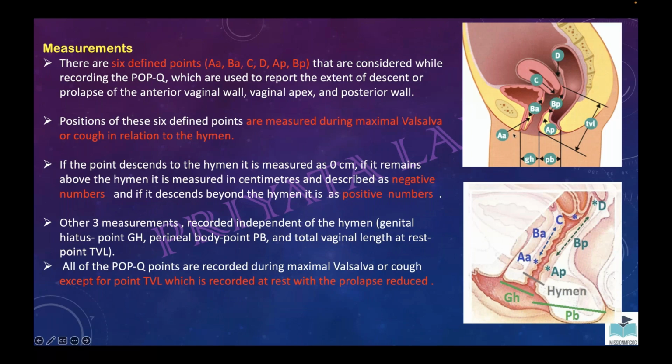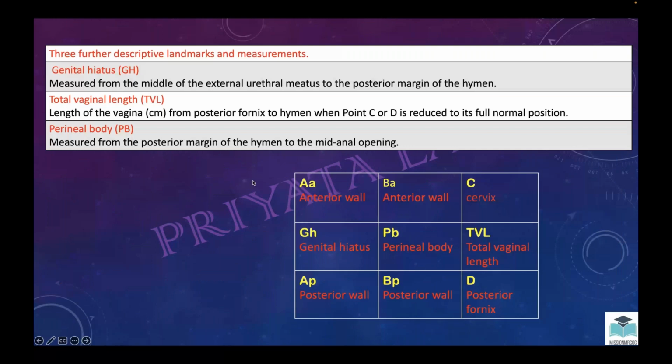Now coming to the 3 descriptive points. The first is genital hiatus, which is from the external urethral meatus to the posterior margin of the hymen. TVL is the length of the vagina.